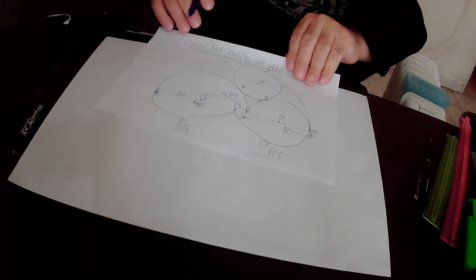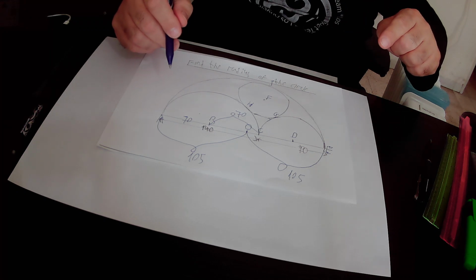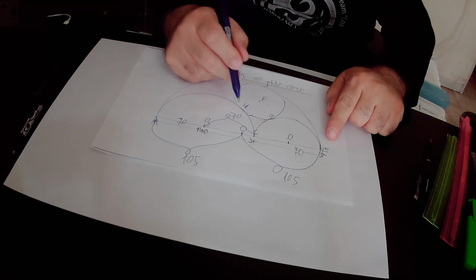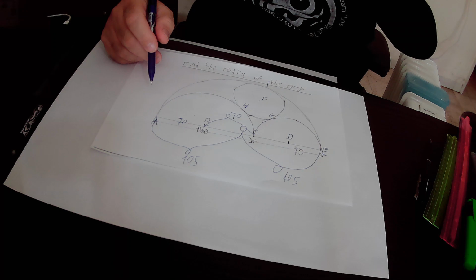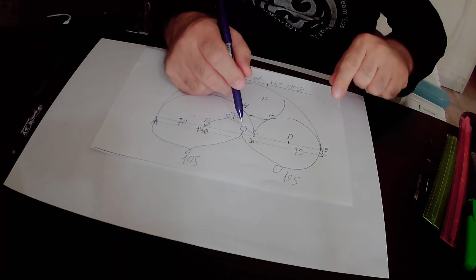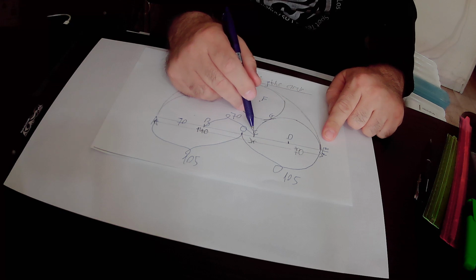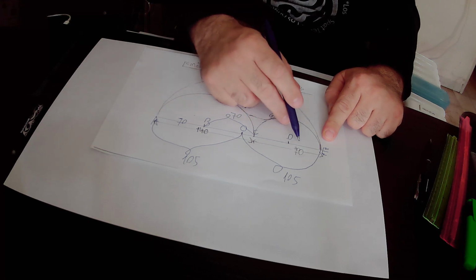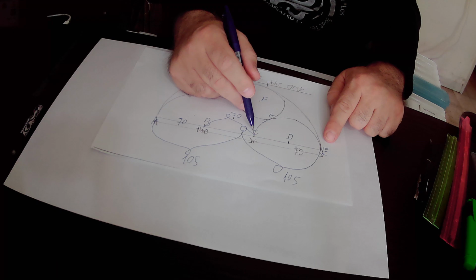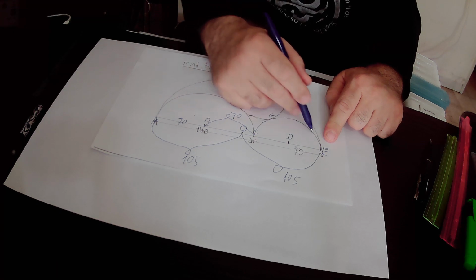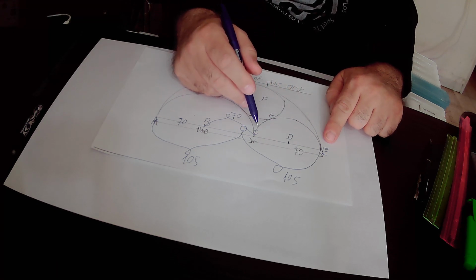Likewise, it is also given us in the question that line segment CE equals to 70 units in its length. But what is line segment CE? CE is the diameter of the smallest semicircle, and therefore the radius of the smallest semicircle must be equal to half of it.